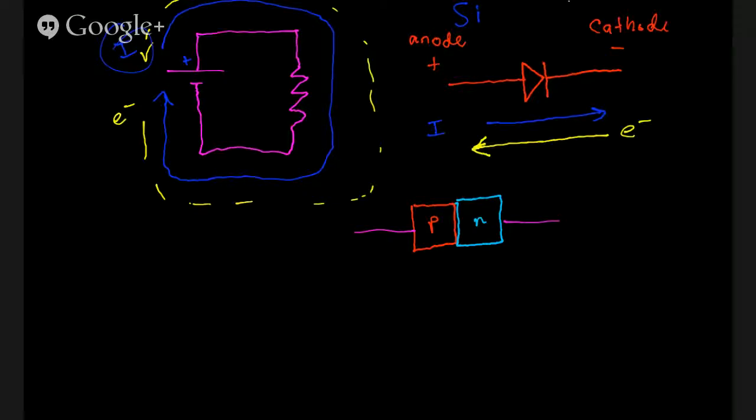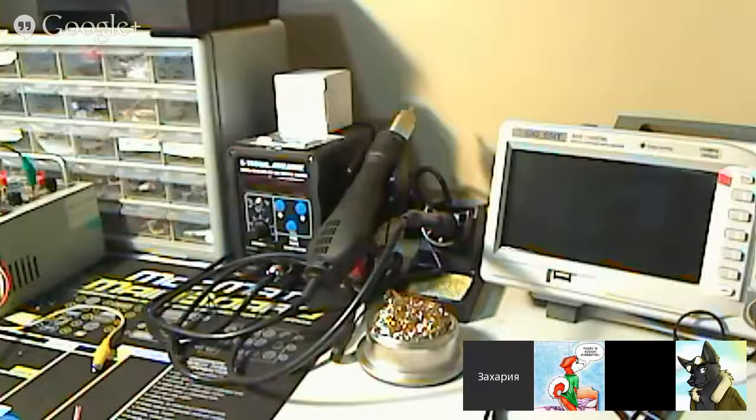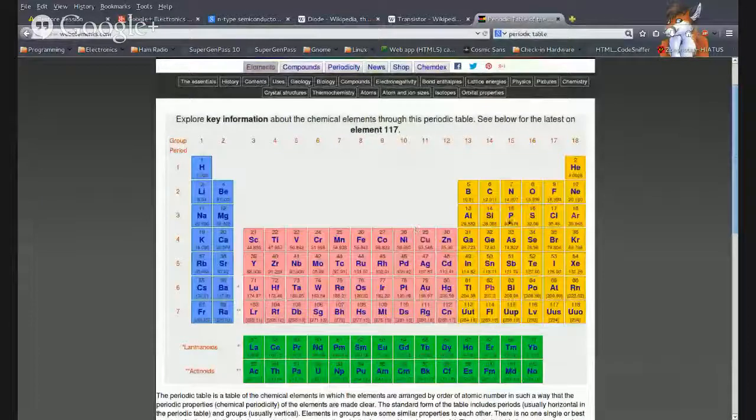It all makes sense when we look at the chemistry. Let's switch this here. I'll share my browser. There we go. Silicon. There we are. It's in group 14, excuse me, group 3 metal.